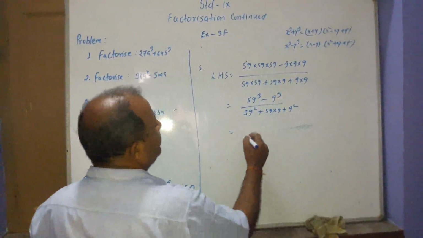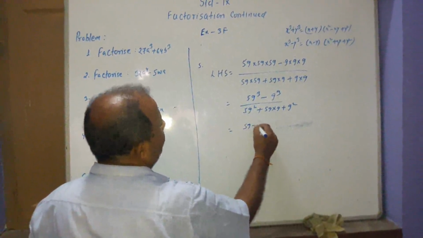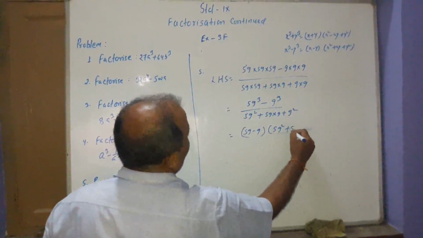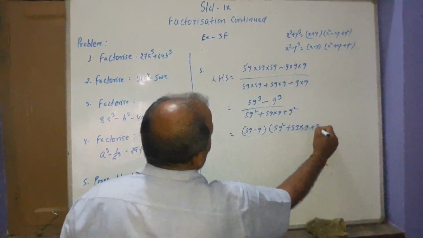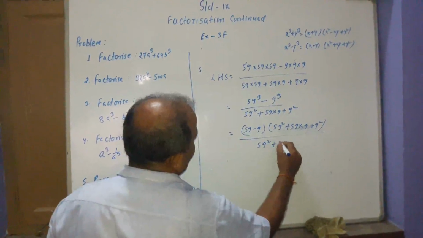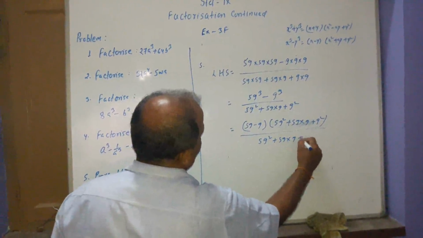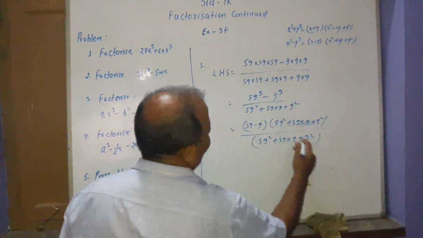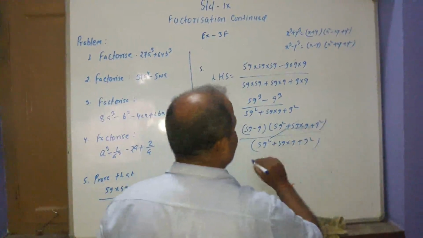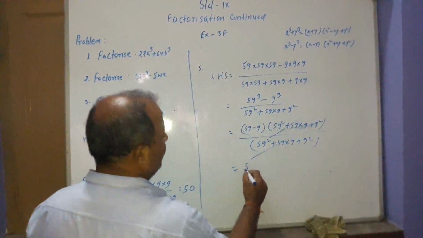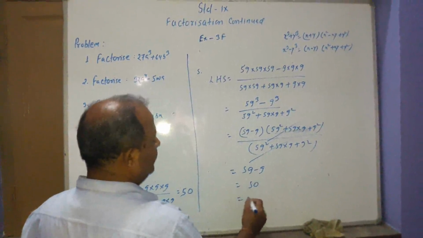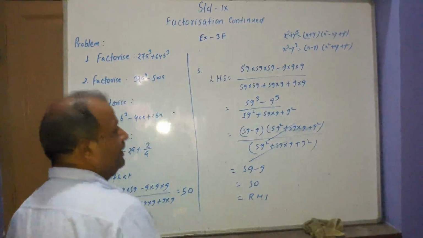Here it is 59 minus 9 into 59 square plus 59 into 9 plus 9 square. Here it is already 59 square, 59 into 9, plus 9 square. We find these two are the same and therefore they will be cancelled. Now we are left with 59 minus 9, and this will give 50, which is equal to the right hand side.